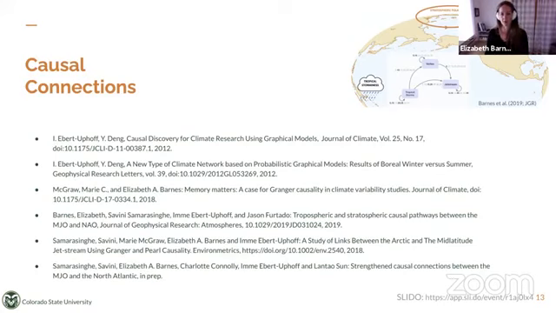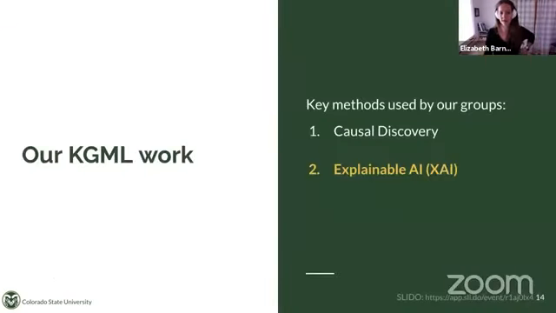And I'm not going to talk too much about this here, other than these types of causal networks and trying to extract these relationships or teleconnections from one point on the globe to another is something we'll be hearing more about in the later talk. And the second, as I said, the second key method used by our groups is really explainable AI.